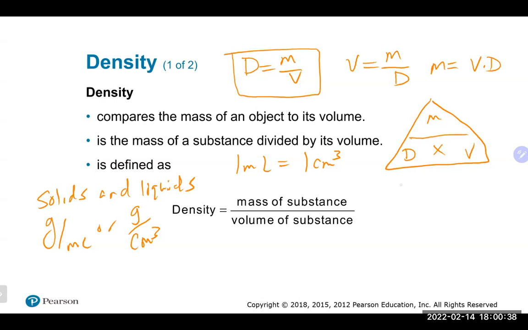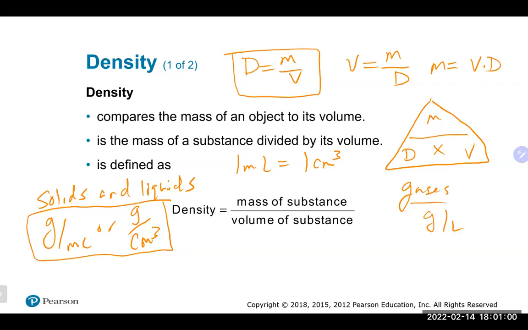For gases, which we really don't get into, if you calculate the density of a gas, it's usually grams per liter. But in this class, grams per milliliter is pretty much the unit you will see. You do need to know that equation, and you need to know how to properly rearrange it.